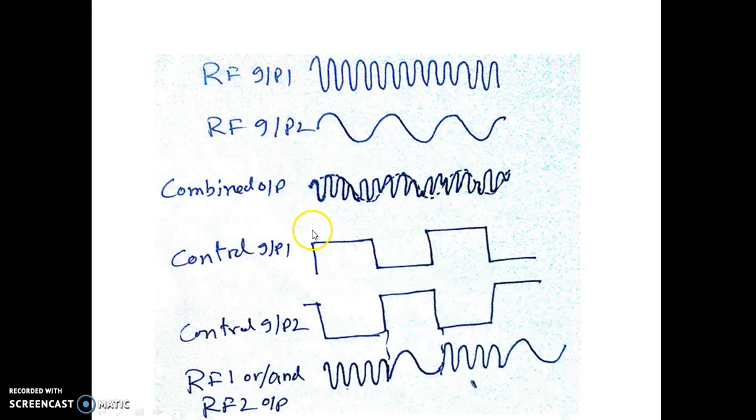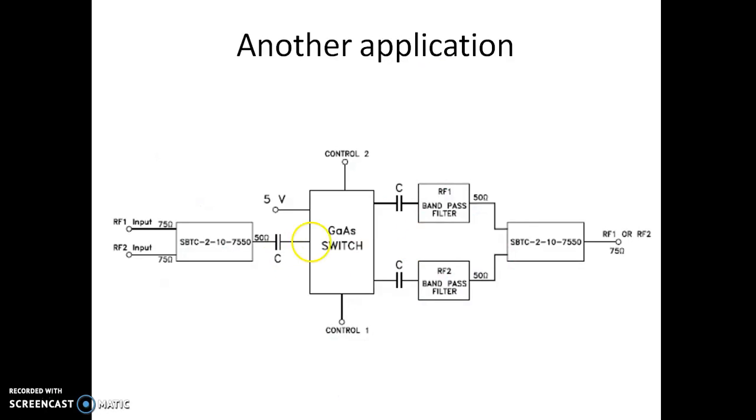Meaning, if I make this always 0, and make control input 2 high, I'll be getting only this signal. Suppose I make it like 1010, I can get whichever bit is 1, I'll be getting that corresponding RF input, because we have a band pass filter which will select a particular frequency out of these two signals. In this way we can use a combination of splitters and combiners for various applications.